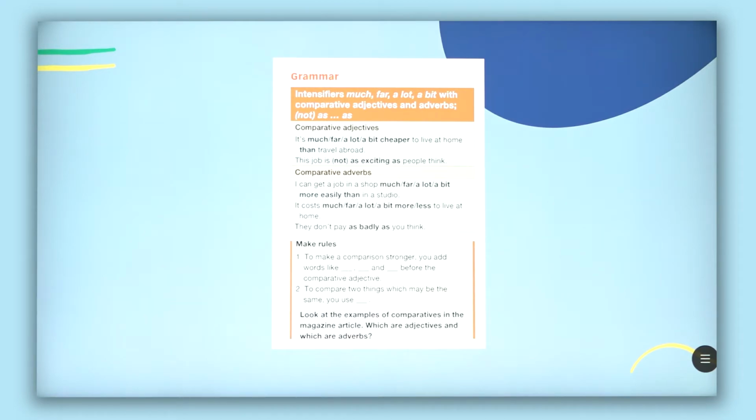This job is as exciting as people think, or if we put it to the negative, this job is not as exciting as people think. Then we've got the comparative adverbs, which we discussed modify the verb.